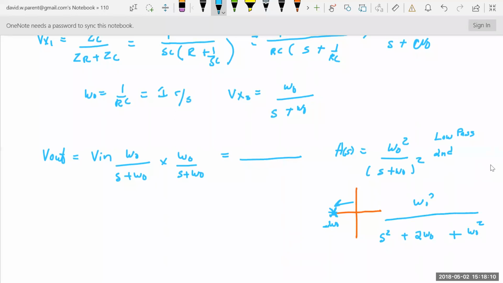Oops, I missed the s. All right, the s squared is there, the s is there, and the constant term is there. That should be stable. I put in 1 squared, 2 omega naught times 1 plus some constant. The sign doesn't change. It's stable.